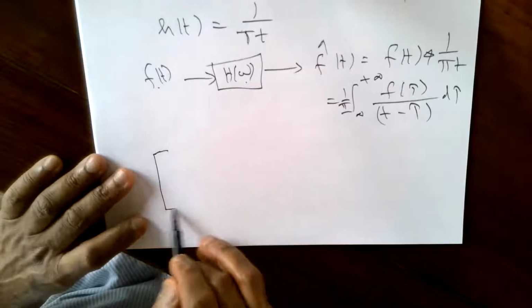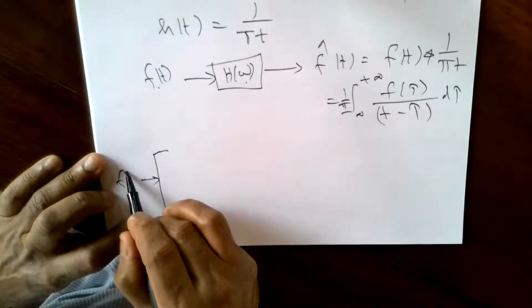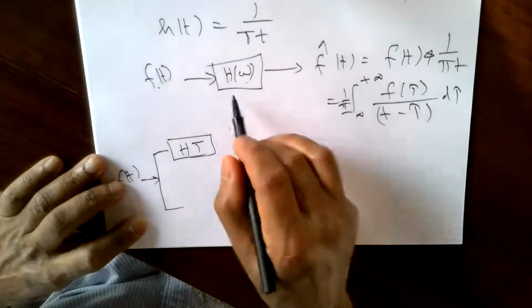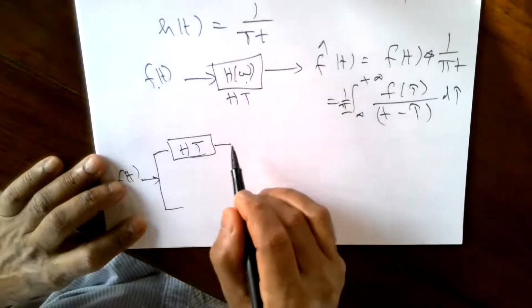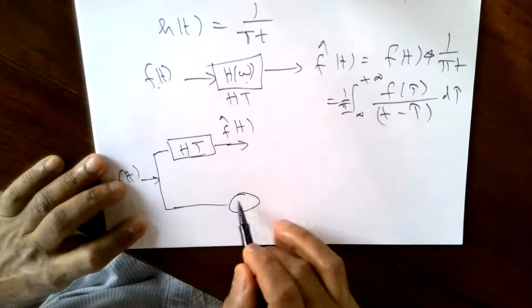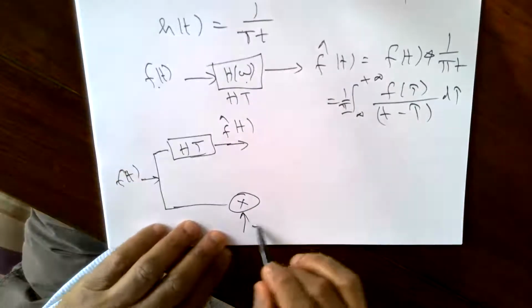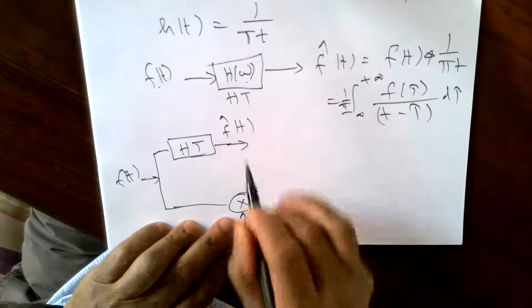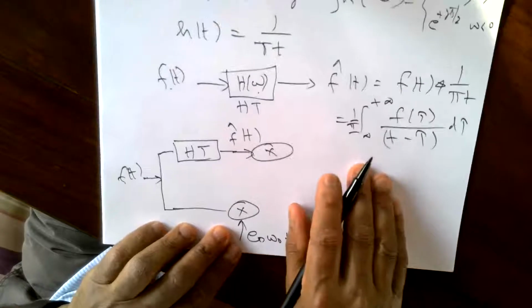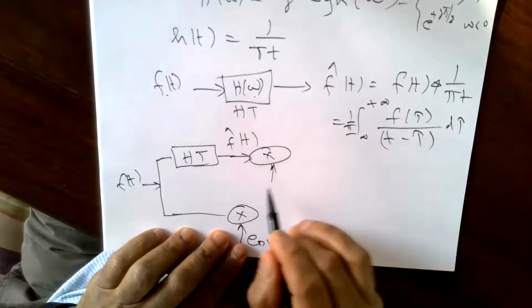All right, so that being the quick introduction of a Hilbert transform, let me show you the usefulness of a Hilbert transform. So I'm going to do the Hilbert transform. This is this operation. So the output here is f hat of t. Then I'm going to modulate by cos ω0 t and modulate this with sin ω0 t.